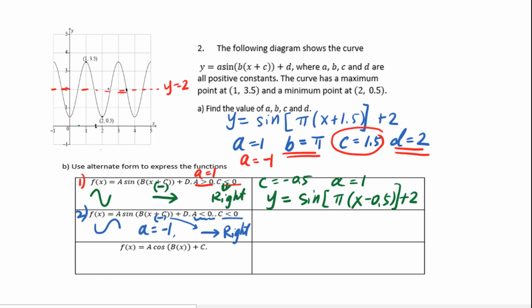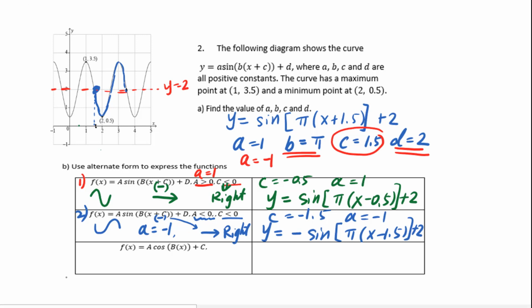So on the right side of the origin, we need to sketch the pattern like this, and this is the starting point. So c equals negative 1.5, and a equals negative 1 this time. You will get y equals negative sine(pi times (x minus 1.5)) plus 2.